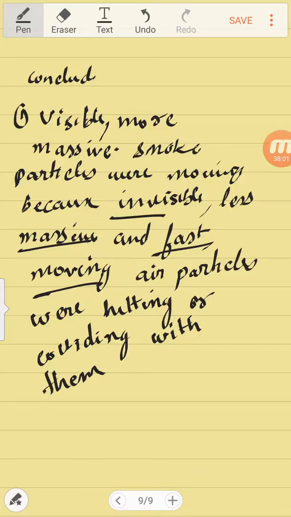What am I talking about, invisible, more massive?